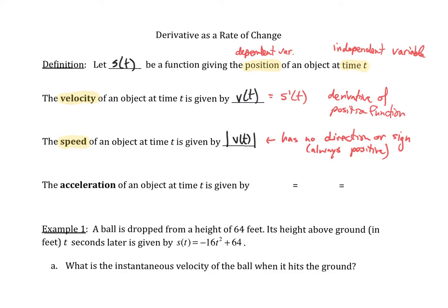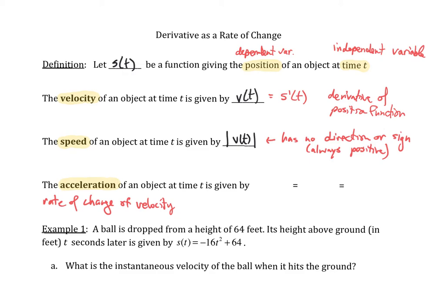Another thing that we definitely care about is something called acceleration. Acceleration is the rate of change of the velocity. So velocity is how fast your position is changing, and acceleration is how fast your velocity is changing.